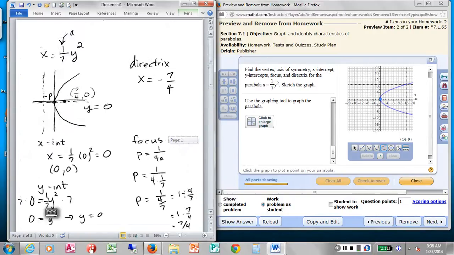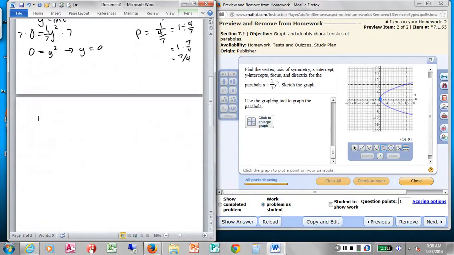And so we've got x equals 1/7 y squared. And so we need to come up with a nice clean point, and by that I mean one that has integer values, no fractions or anything, because it won't really allow me to do fractions over there.